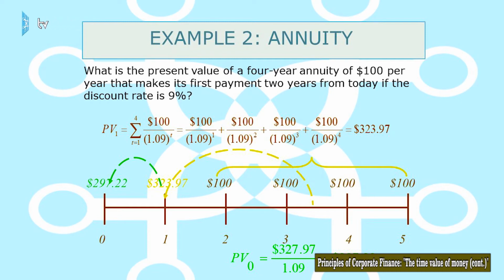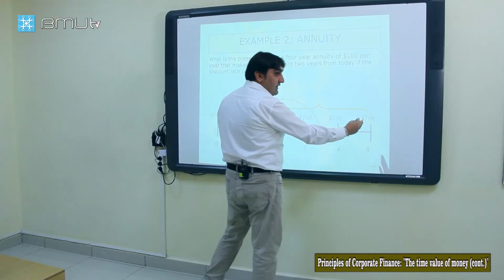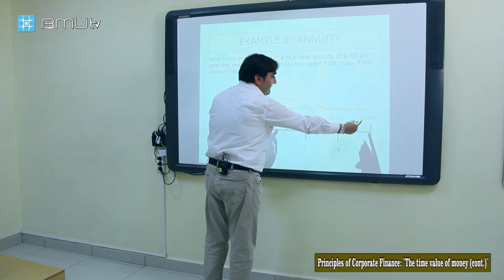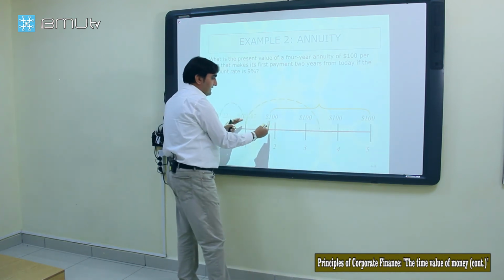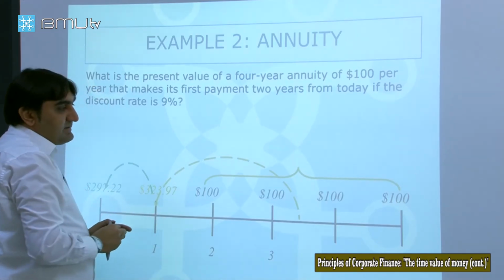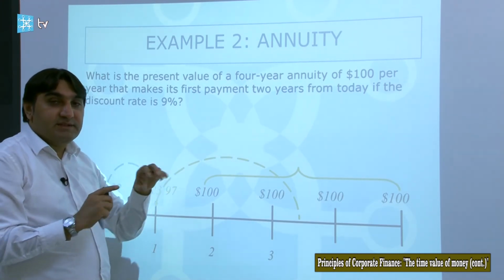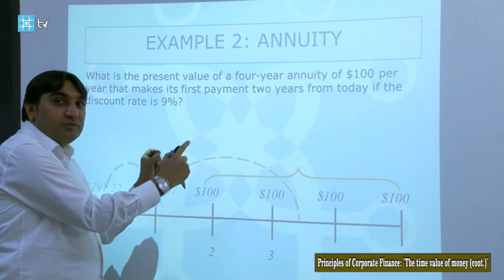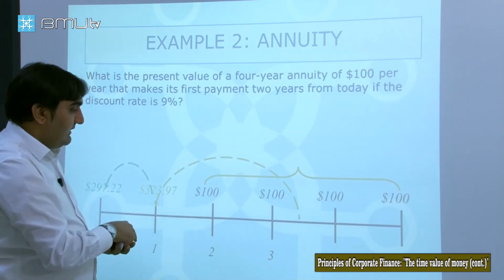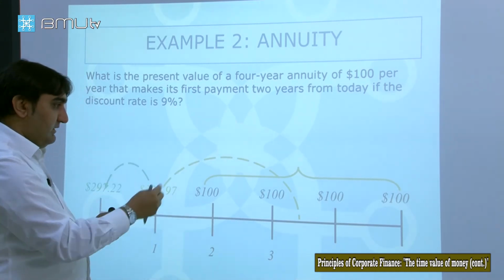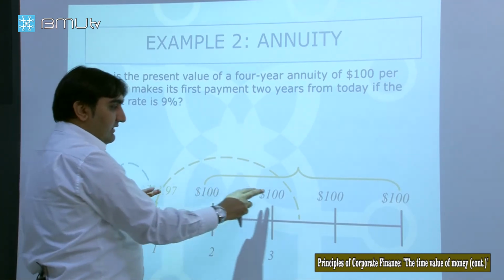You see, we have 100. There's a pattern. This is an annuity. If you find the present value of these cash flows, it will come to this. Present value calculations on our timeline take all numbers to the previous period, one period before. 100, 100, 100, 100.